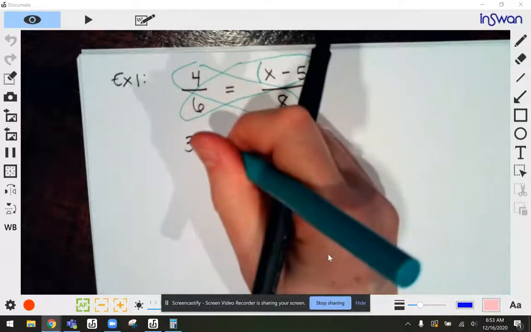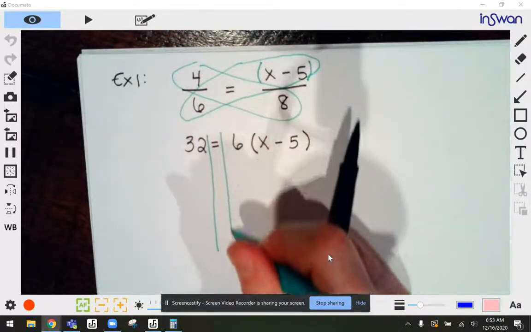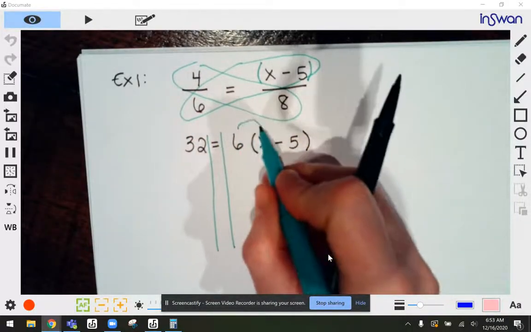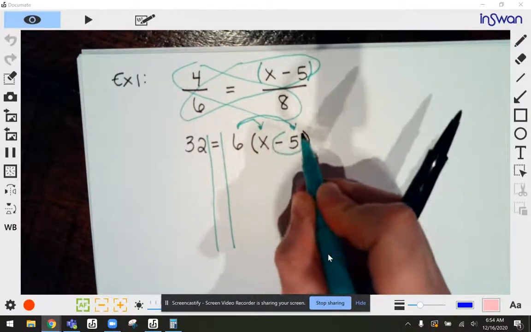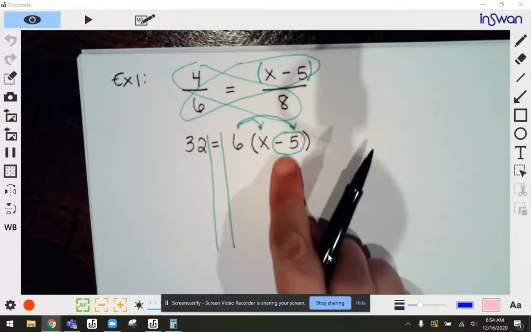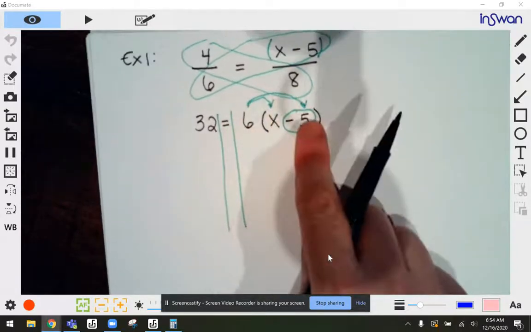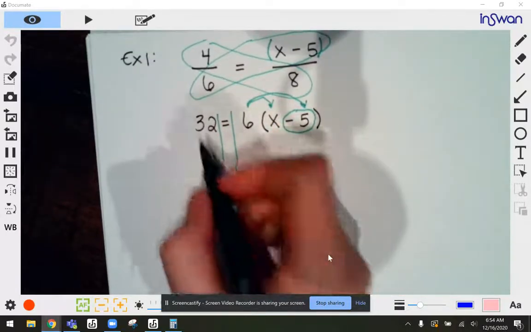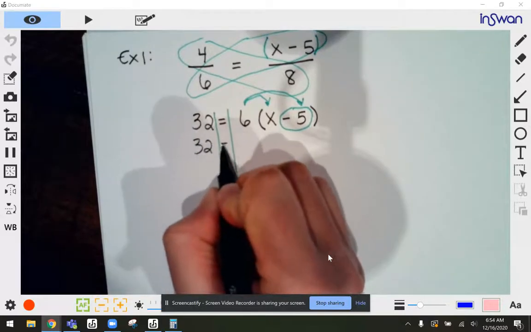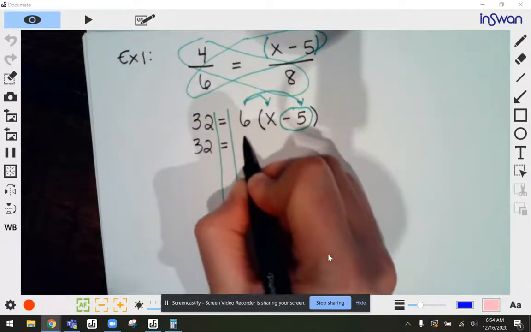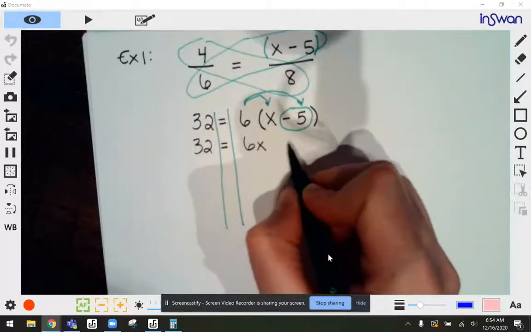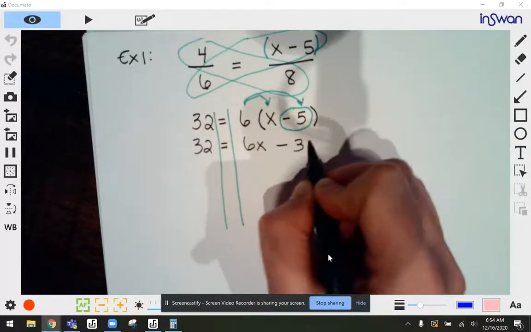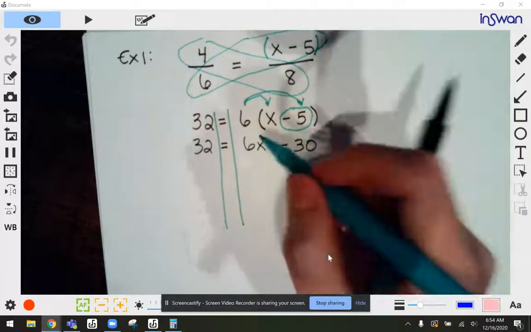And we're going to put in our divider and start with distributive property. We're back to multi-step equations. We always start with distributive. I noticed that negative sign, so I went ahead and circled it so I don't forget when I'm multiplying. So 32 comes down. 6 times x is 6x, and 6 times negative 5 is negative 30 because they have different signs.